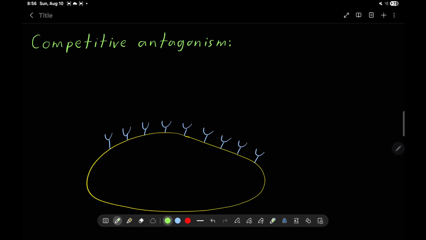So we have a bunch of agonists, drawing those in green, and we have a bunch of antagonists. And I drew them separated, but in reality they're all mixed up together.